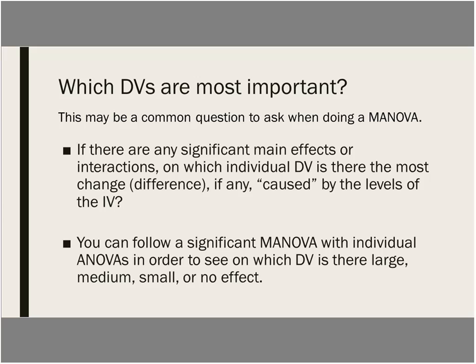And then, which dependent variables are going to be most important? This is a common question to ask when doing a MANOVA. Everyone wants to know, I have 4 dependent variables, which one is important? If there are any significant main effects or interactions, the dependent variable that is most changed may be caused by the different levels of the independent variable.